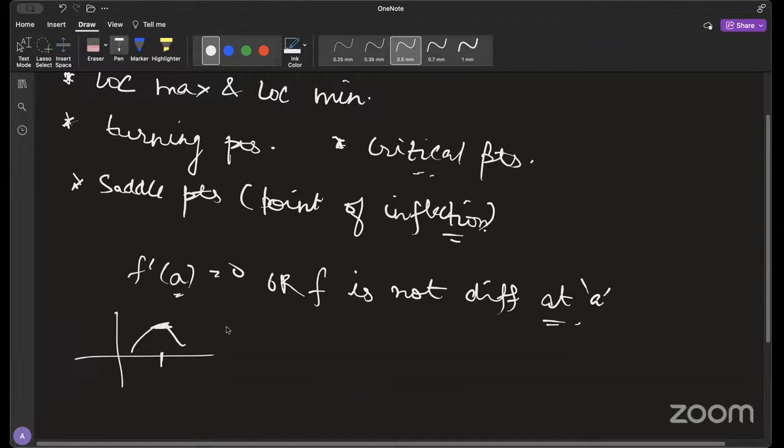So this is typically called the local maxima, and when you have something like this, this thing is called the local minima.